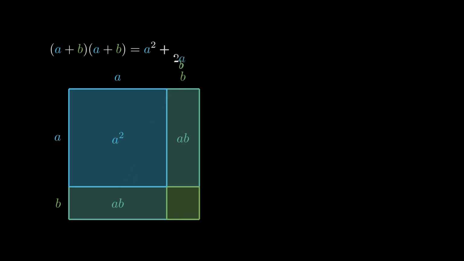So actually we have two copies of a times b. Then finally, the little green square is b square, so we can shoot him up just like that. The way we normally write this pattern is that a plus b all squared is equal to a square plus 2ab plus b square, where often the middle guy is forgotten, just like in real life.